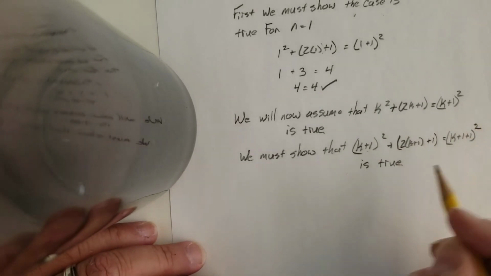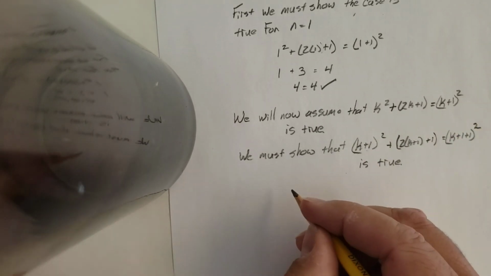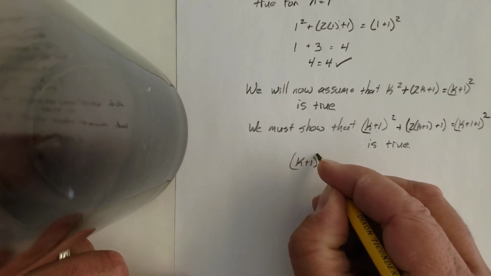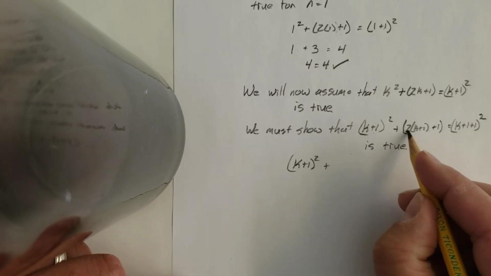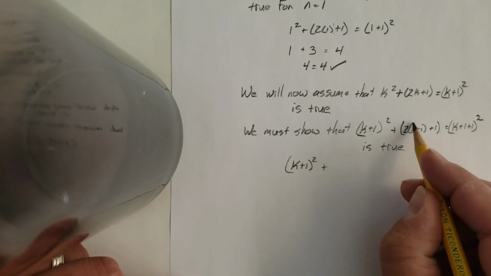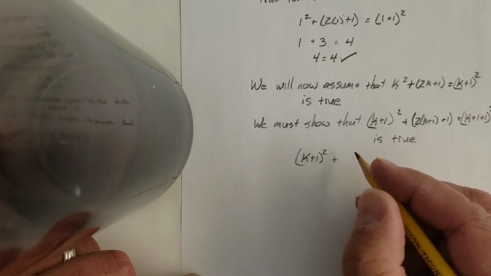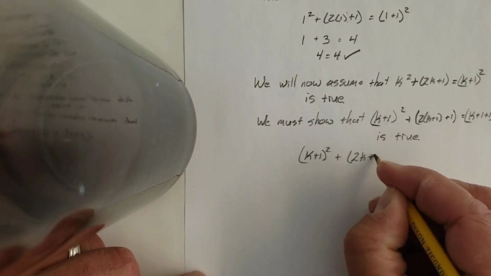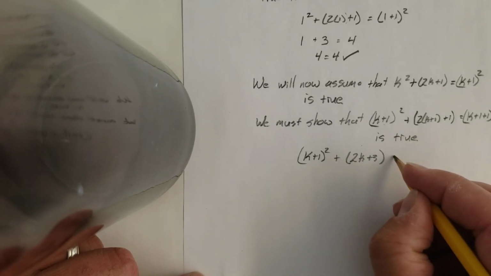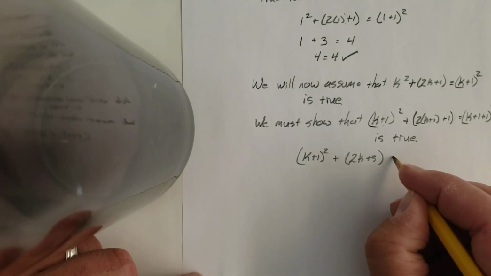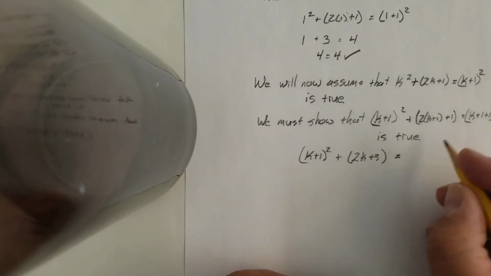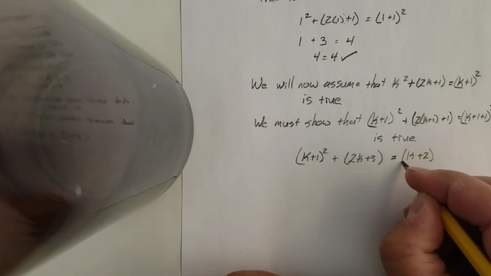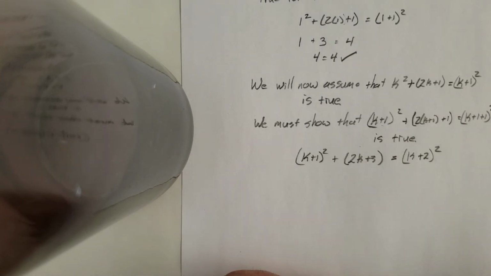Now, I'm going to move it down. I'm going to condense all these k plus 1s. Okay, give you some space. K plus 1 squared plus, I'm going to distribute this out. 2k plus 2 plus 1 gives me 2k plus 3 equals k plus 2 squared.